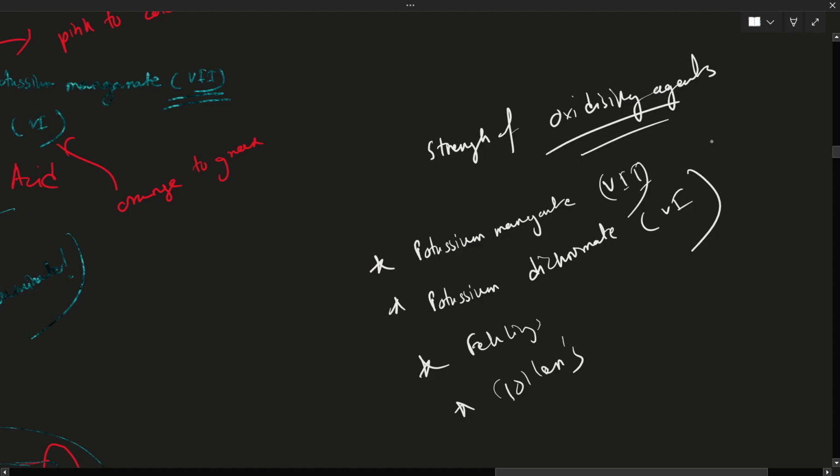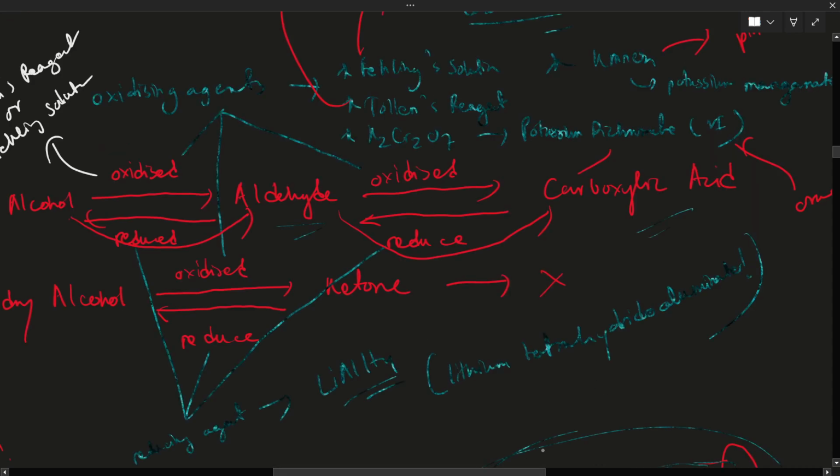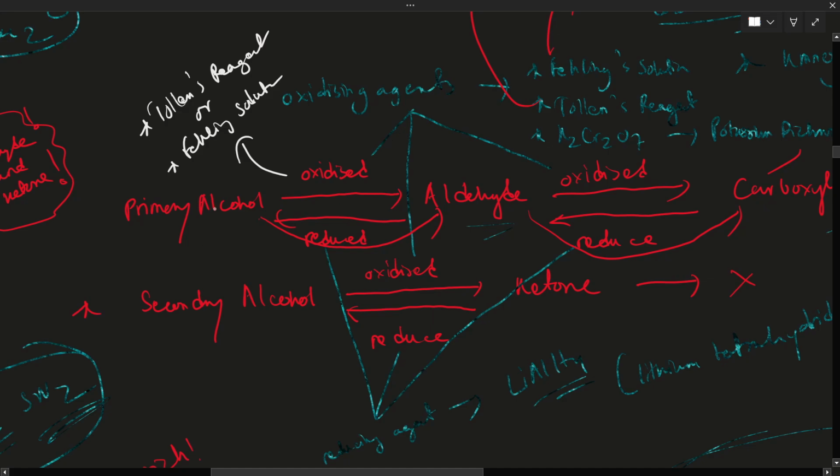So this is the strength order. As you go up, the strength increases. The strongest is obviously manganate(VII), then potassium dichromate(VI), and the weakest is Tollens' reagent. So if you use manganate(VII) or dichromate(VI), there is a high chance that primary alcohol will be directly oxidized to carboxylic acid.